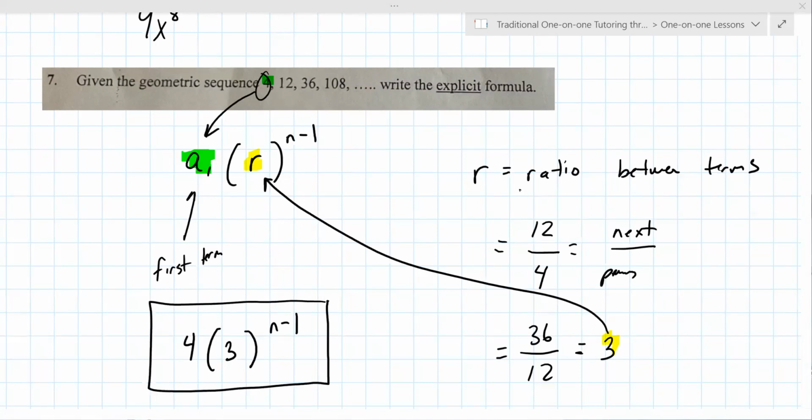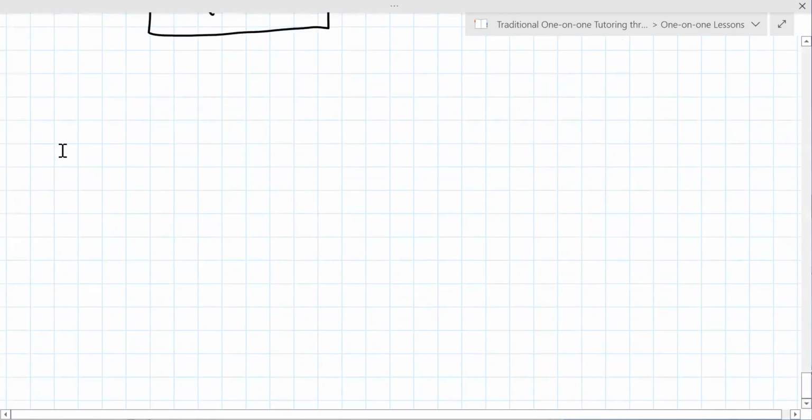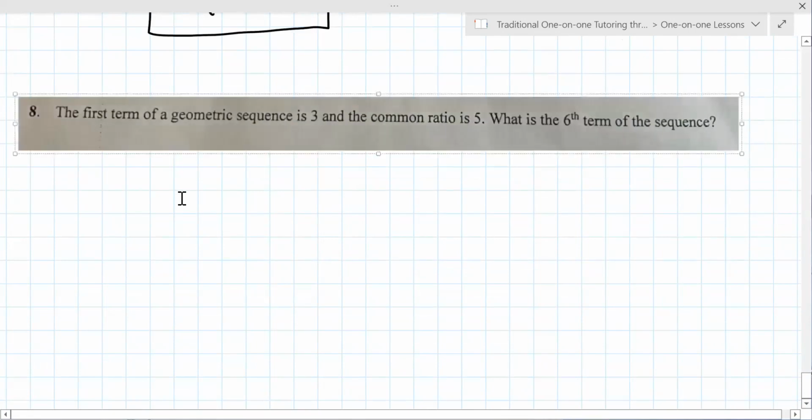All right. Nice. Okay, ready to go on to number 8? Yeah. All right. So this one says the first term of a geometric sequence is 3 and the common ratio is 5. So they're giving you the values of the formula.